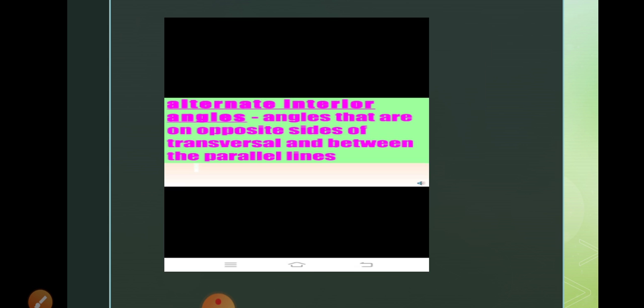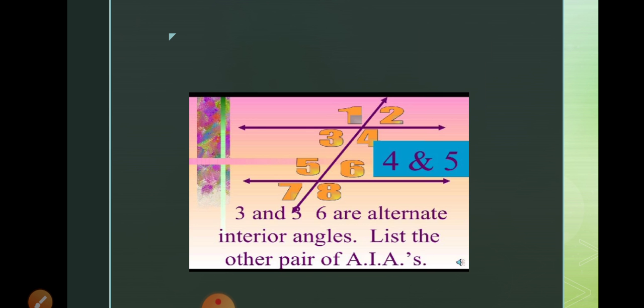Now the second type of angle is alternate interior angles. These are angles that are on opposite sides of a transversal and between the parallel lines. One angle lies on one side and the other angle lies on the other side. From the figure, angle 4 is on the right side of the transversal and angle 5 is on the left side.